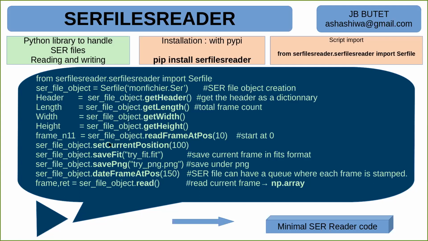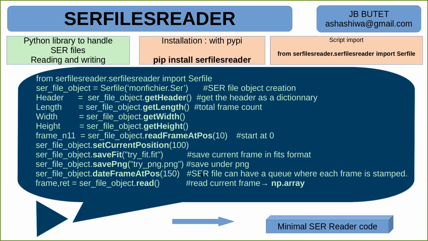You can also move to another position if you want, and you can save it as a FITS file. So it saves the current frame in FITS format, and you can save in PNG file.